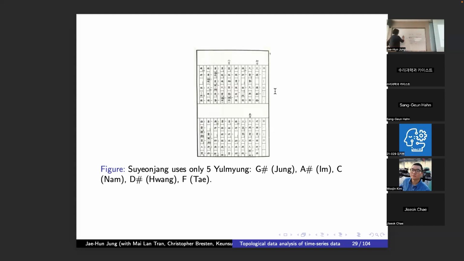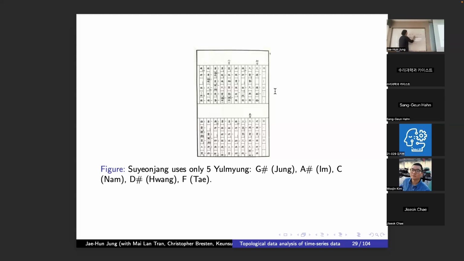We try to find the distance between N0 and N1. Okay, so you need some imagination. How do we define the distance? This is how we define the distance between these two. If you look at this one, F and D sharp, they come together side by side once, and then twice.